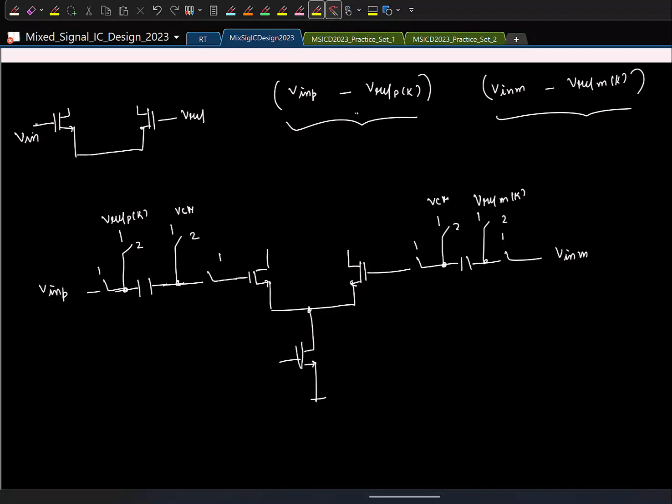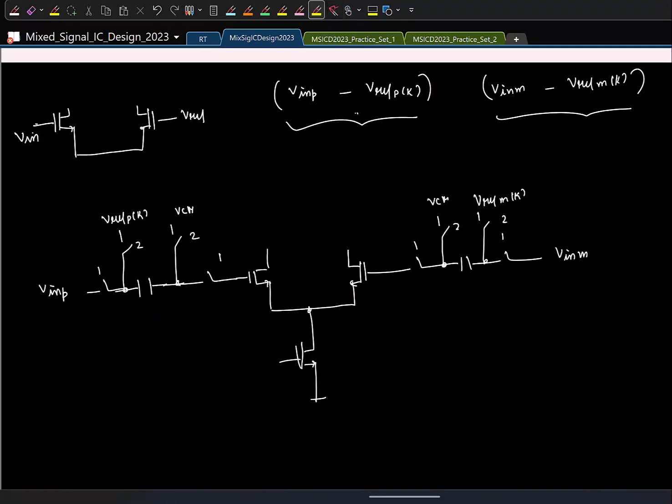Great. So here, in which phase is the input getting sampled? Phase 1. And on which capacitor is the input sampled here? This capacitor is just acting like a voltage source, existing only for subtracting the reference.